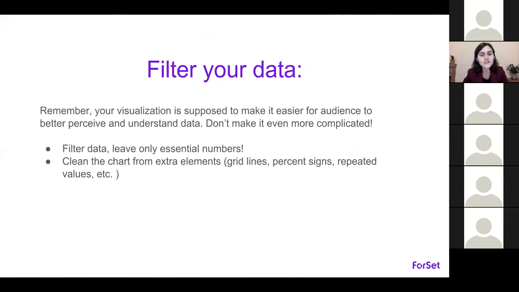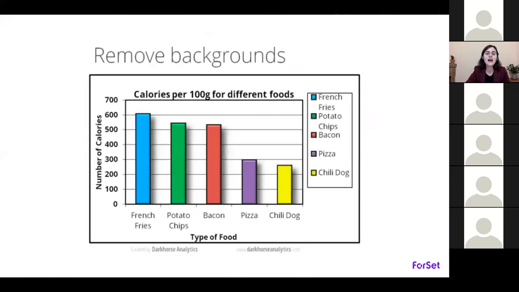The other general recommendation would be that we need to filter our data when we start creating data visualizations. Data visualizations are supposed to make it easier for our audience to understand our data, but sometimes we overuse the visual part and make it even more complicated for them to take the main idea from the visualizations.